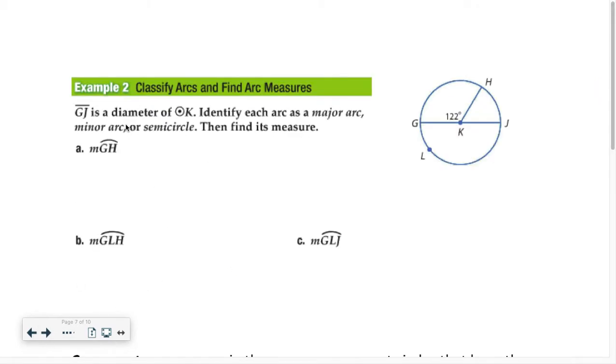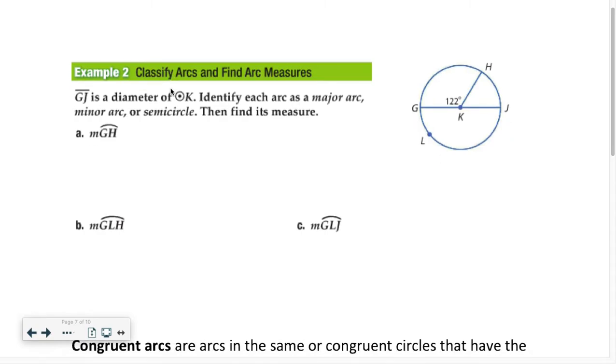All right, so let's use this information to classify arcs and find arc measures. Okay, GJ is a diameter of circle K. Identify each arc as major arc, minor arc, or semicircle. Then find its measure. So guys, this segment GJ, we're told this is a diameter.